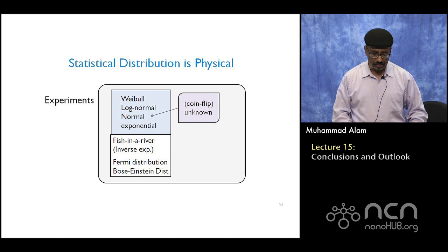But of course, the real world is very different. This is a tiny fraction of the distributions. In reality, there are so many other distributions that arise in physics that the statisticians, even the giants, could not really handle because they didn't have computers.